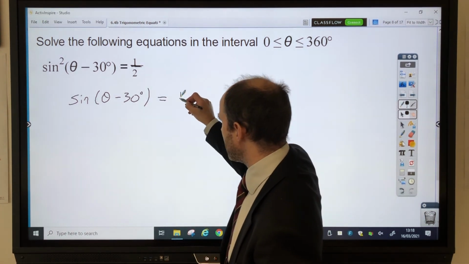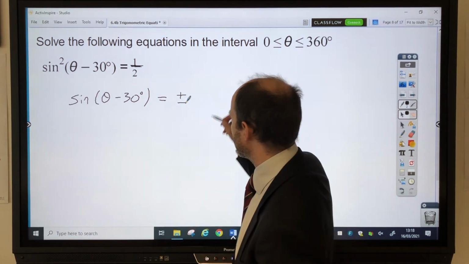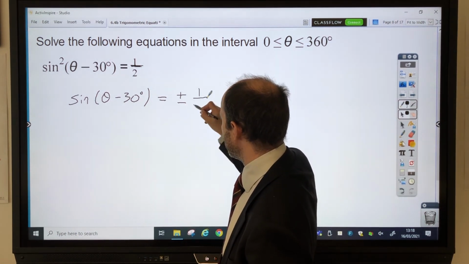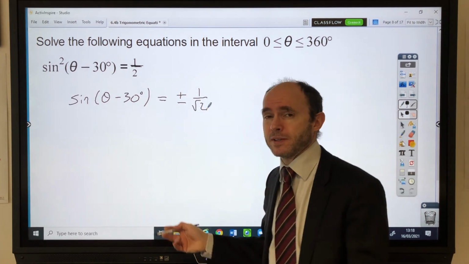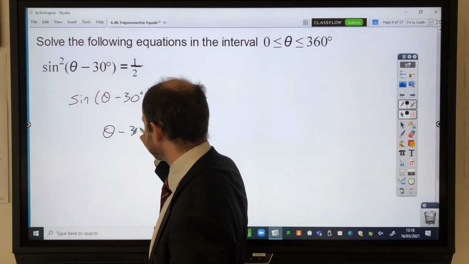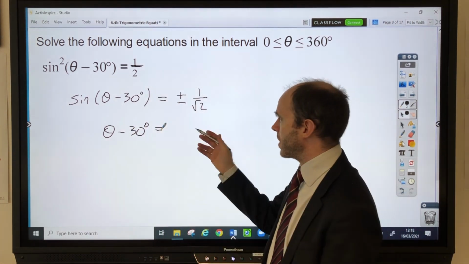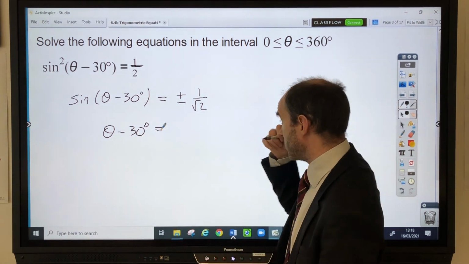But when you do that, do not forget plus or minus, the positive negative symbol. Okay, so plus or minus 1 over, and it's going to be root 2, isn't it? Okay, and then you do the inverse sine. So when you do the inverse sine, you have theta minus 30 degrees is equal to, and then you can do the inverse sine of 1 over root 2, then the inverse sine of the negative 1 over root 2.